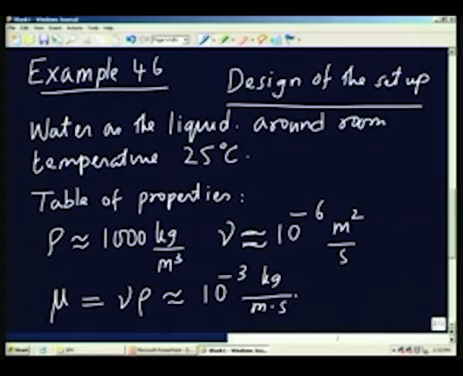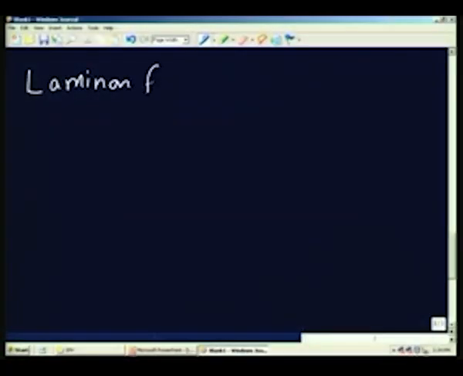So we have now a fluid whose viscosity is given, and what I have to do is to look at laminar flow, which is what is required, and let us assume that the Reynolds number based on the diameter is roughly 500.